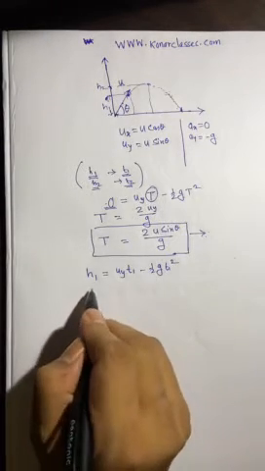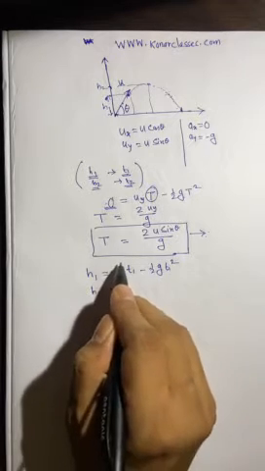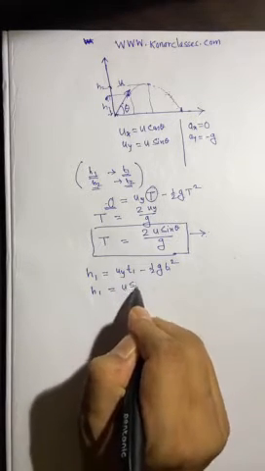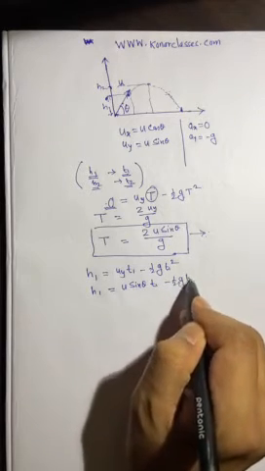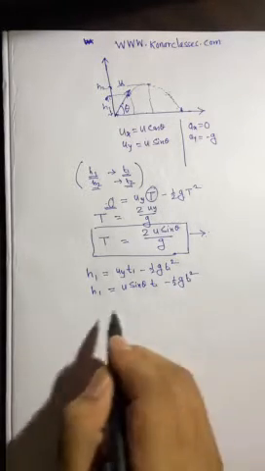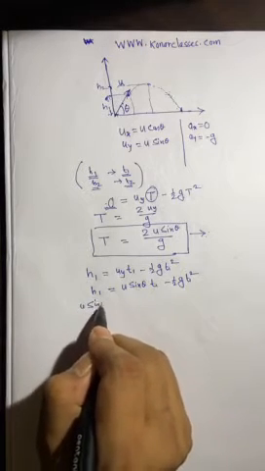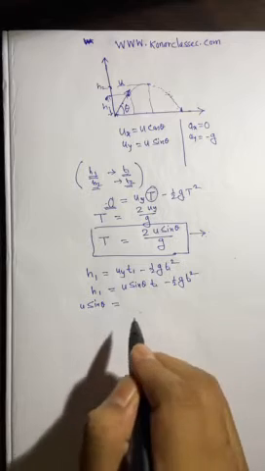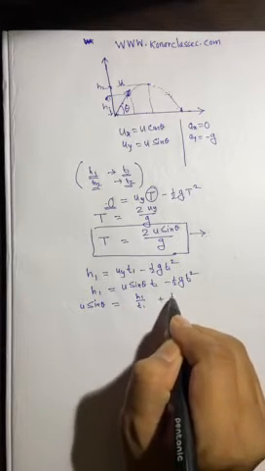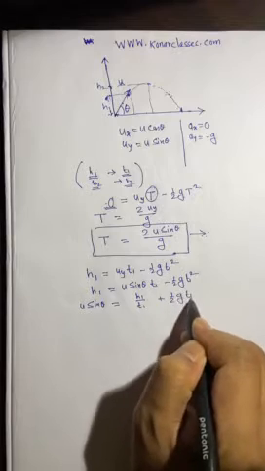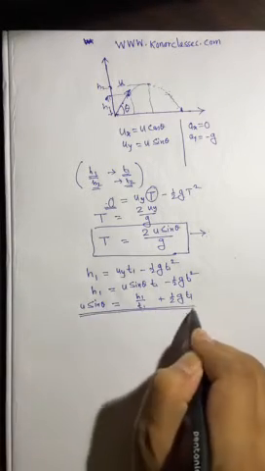If we put the value of uy, it is u sin theta t1 minus half g t1 square. So u sin theta will be h1 by t1 plus half g t1. This is the value of u sin theta.